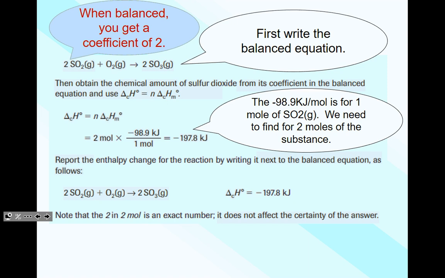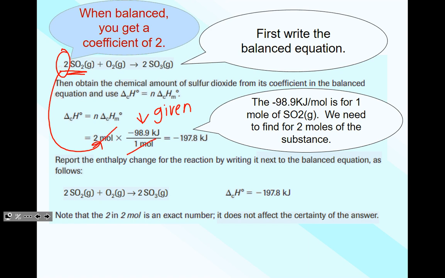Then we're going to obtain the chemical amount of sulfur dioxide from its coefficient in the balanced equation. So basically in this balanced equation, of the sulfur dioxide, there's 2 moles here. So we have 2 moles, and we are going to multiply it by the negative 98.9 kilojoules, and that was a given value in your question, per mole.